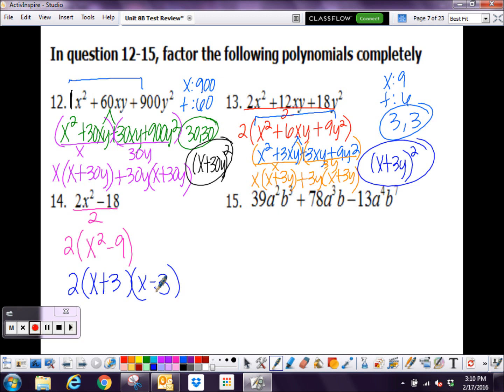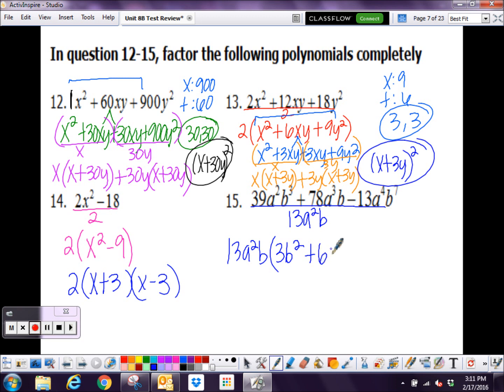All right, number 15. I'm looking for a GCF here. I believe 13 goes into all these numbers, and they all have an a squared in common, and they all have a b in common. So I'm going to take that out, 13a squared b, and I'm going to write what's left. That would leave me with 3b squared plus 78 divided by 13 is 6.